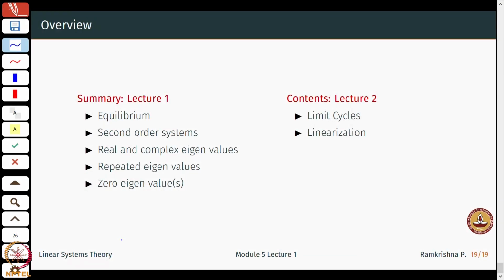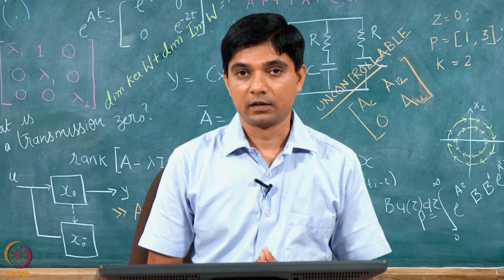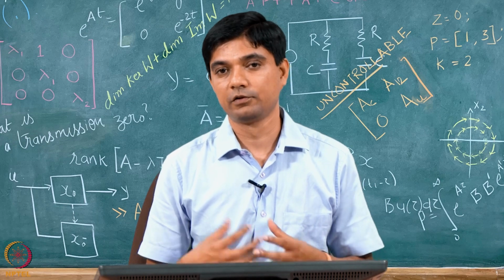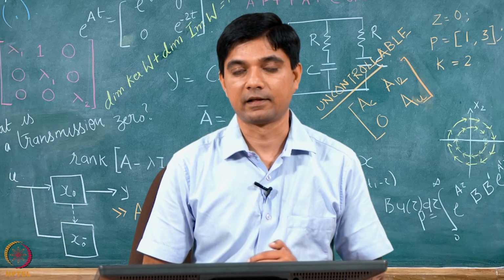Okay. So, just to conclude, we have defined the notion of an equilibrium point. We did a lot of qualitative analysis for several equilibrium points of second order systems. We had real eigenvalues, complex eigenvalues, repeated eigenvalues. What if one or both of the eigenvalues go to 0? That contains a bit of rich information that will be useful for us in stability analysis.